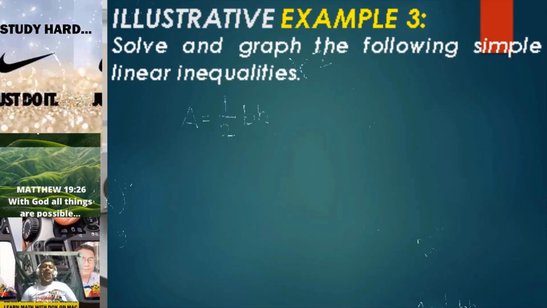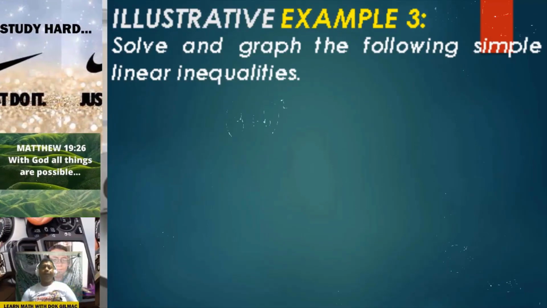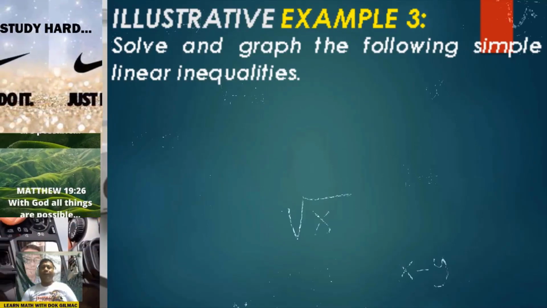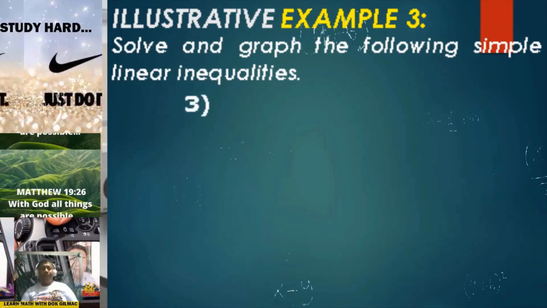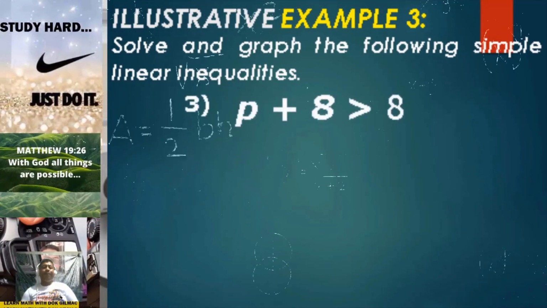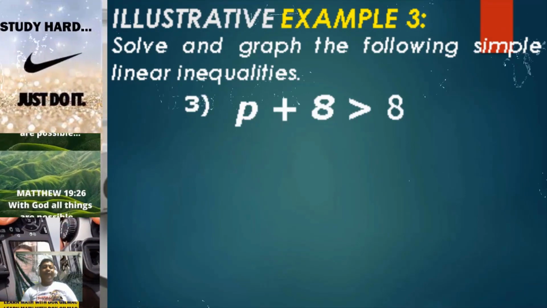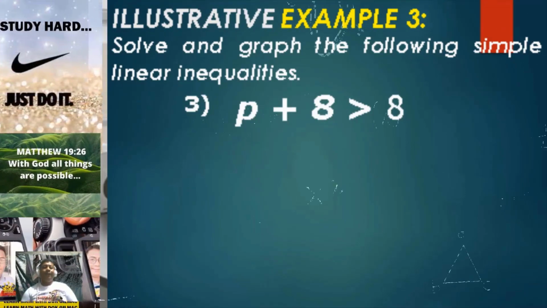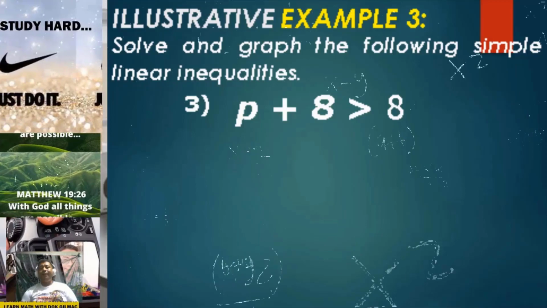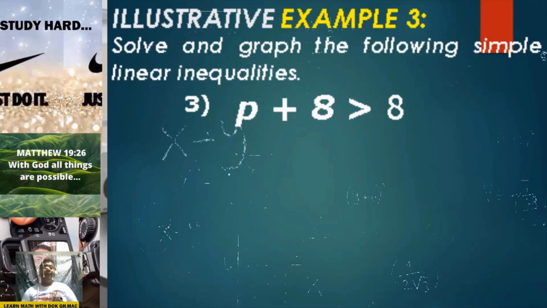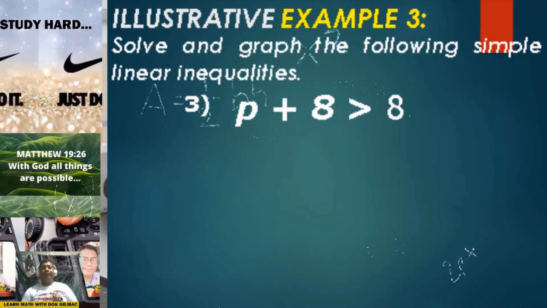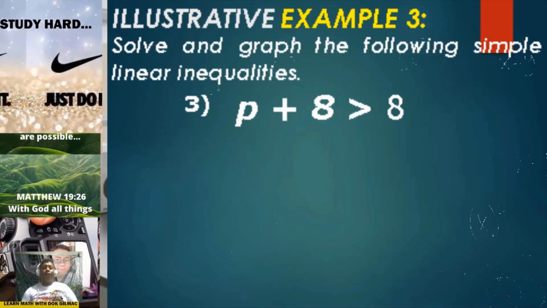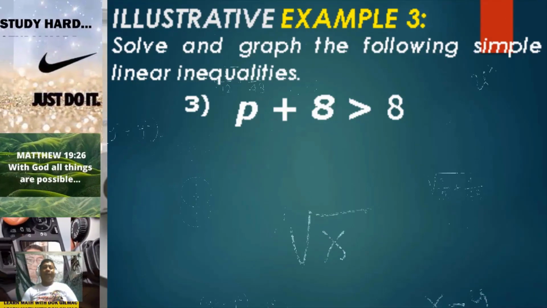Consider illustrative example number 3. Solve and graph the following simple linear inequalities. Number 3. p plus 8 is greater than 8. In this given inequality, we can just apply the subtraction property of inequality. Subtract 8 from both sides of the inequality.